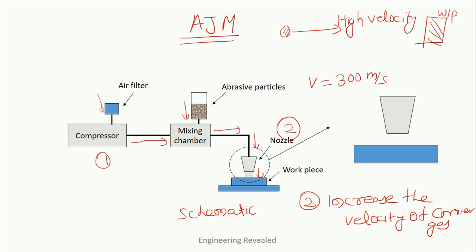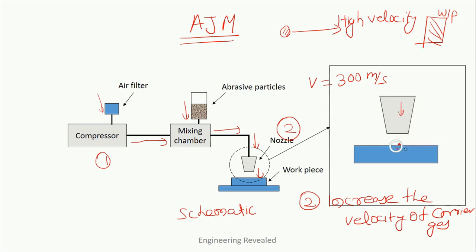So we can clearly observe from this diagram, when the abrasive particle passes through the nozzle, it strikes the workpiece.